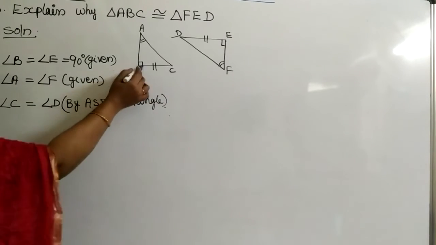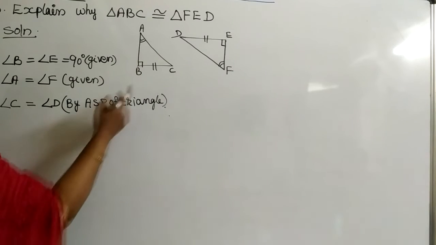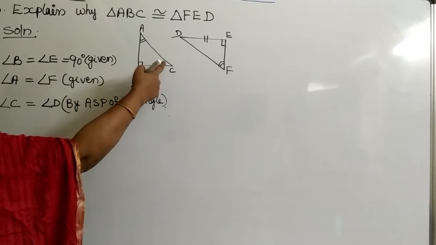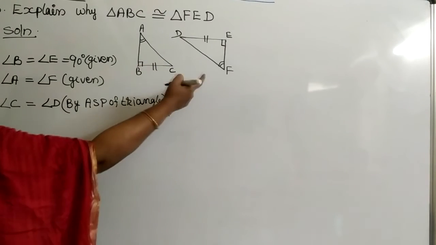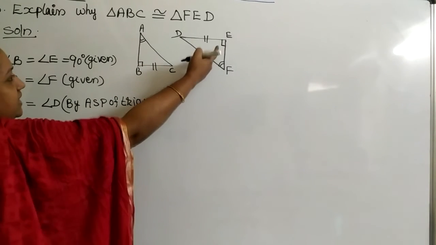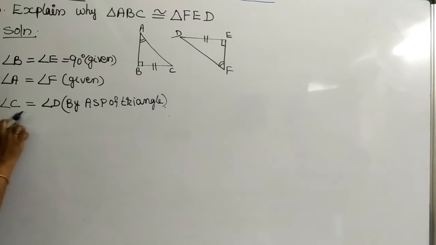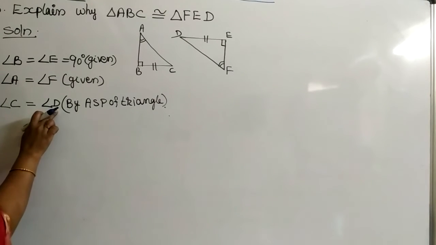See here, these two angles we know. Then what about angle C? Suppose that this is 90 degree, this is 30 degree, so this will be 60 degree. Here also same only. This is 30, this is 90, so this will be 60 degree. That means angle C equal to angle D.